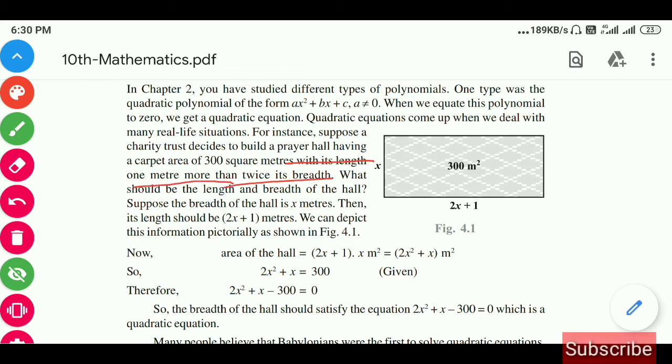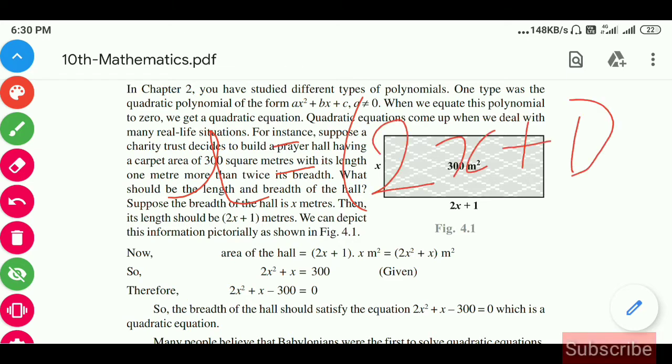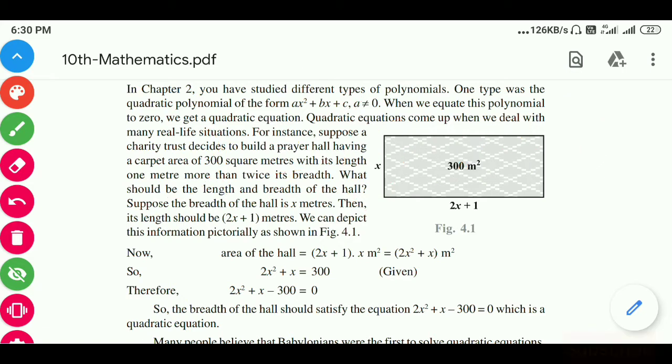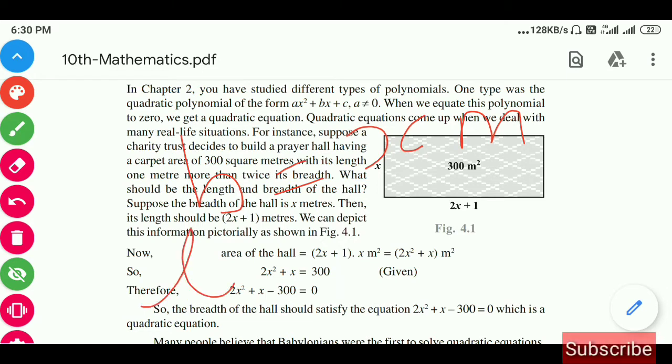That is simply L equals 2x plus 1. So here the breadth will be x meters, so L will be 2x plus 1. This satisfies the statement, correct?